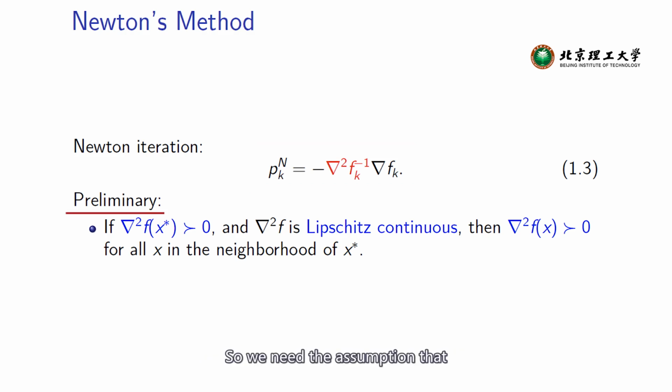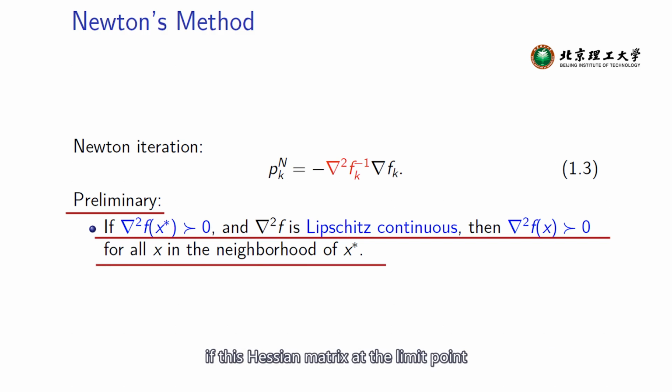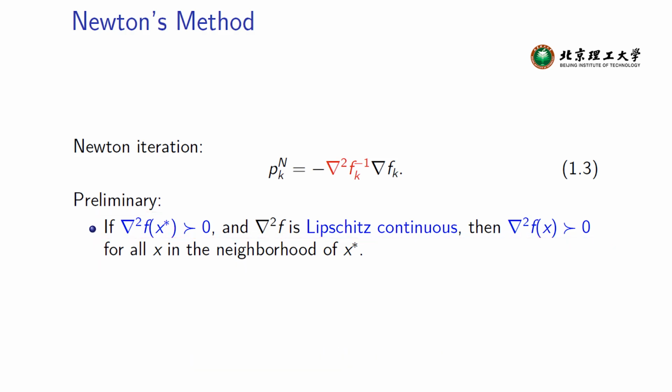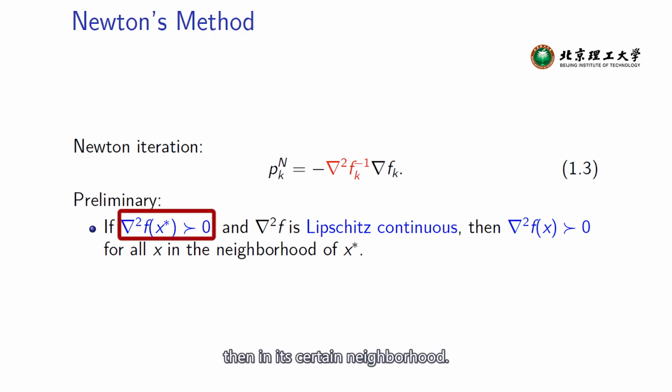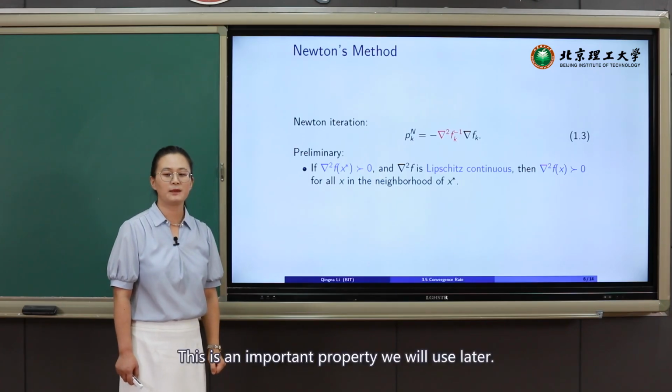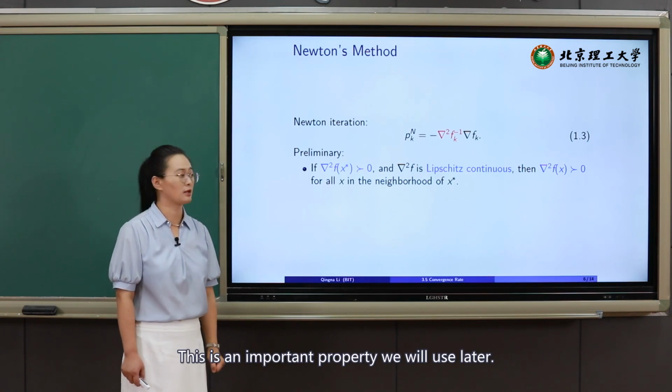We need the assumption that the Hessian matrix at the limit point, which we denote as x star, is positive definite, and further that the Hessian matrix is Lipschitz continuous. In this way, when x star is perturbed a little bit, in a certain neighborhood the Hessian matrix is also positive definite.